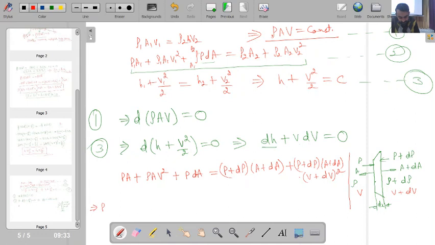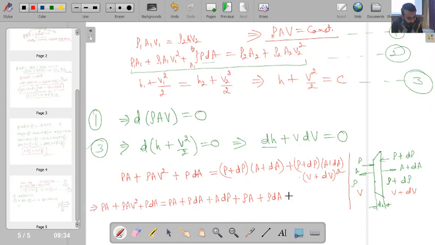So if I expand this equation, left and right remains the same, PA plus rho A V square plus PdA, and here it will be becoming P into A, first term, PA plus, then P is multiplying with dA will form P dA, then dP multiplying with A will become AdP, and then I will be having dP into dA. So as dA is small, dP is small, so product of these two I can actually neglect. Okay. Then I will be having plus rho A plus rho dA, fine.